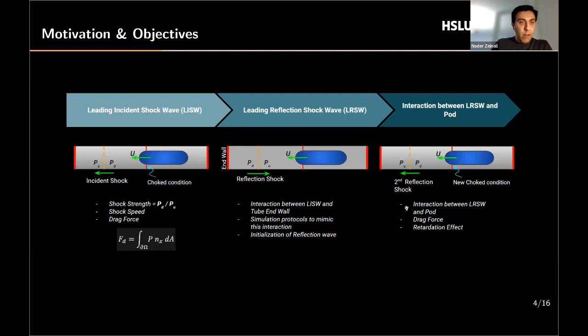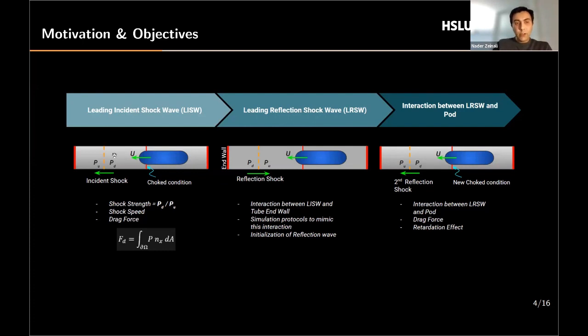Speaking of the objectives, obviously we should start with the analysis of the incident shock wave, which in this case we call the leading incident shock wave, LISW, the shock wave generated by the movement of the pod and choke condition. Then we can evaluate the strength and the speed of the shock wave and also evaluate the drag force.